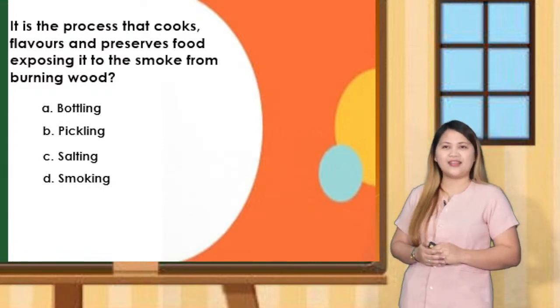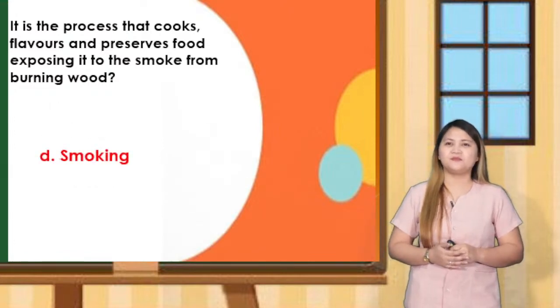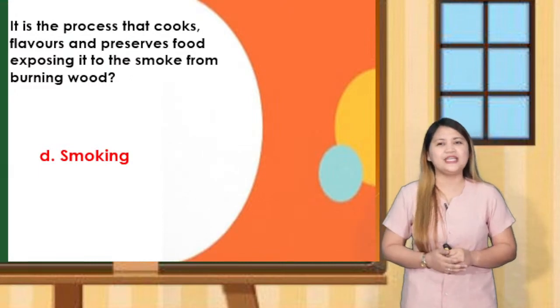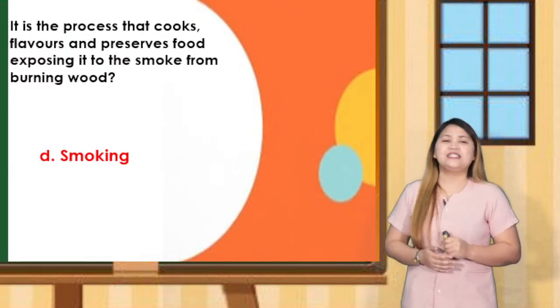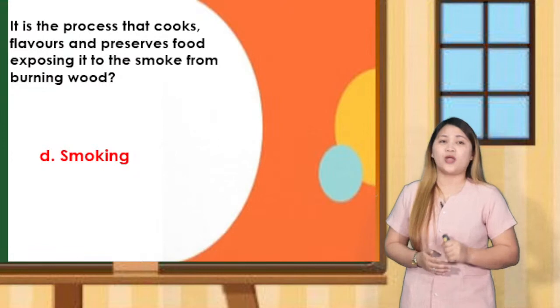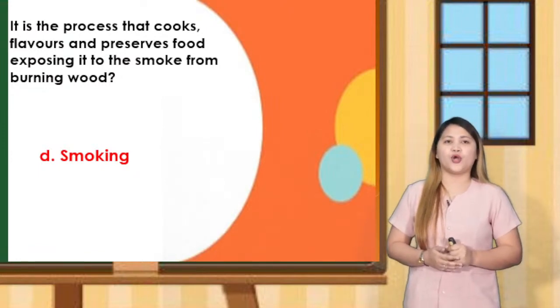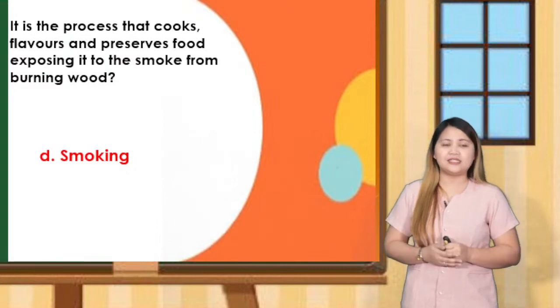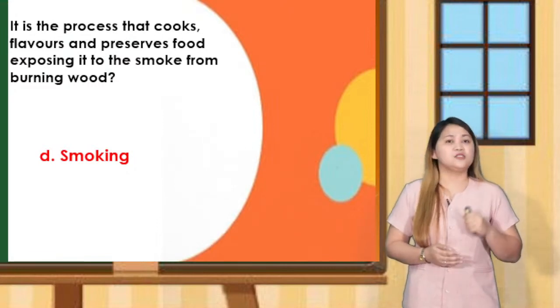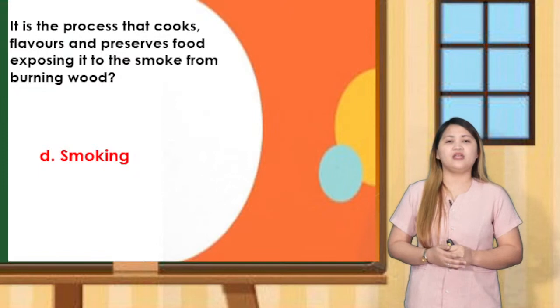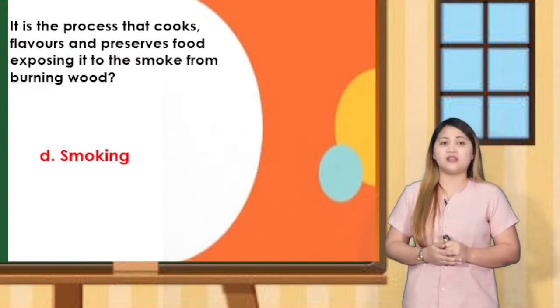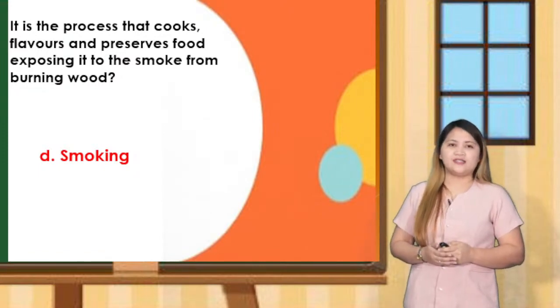The correct answer is letter D, smoking. Smoking is also a method of drying that imparts flavor to the food, usually meat items. And smoke helps keep bacteria-carrying insects away during the drying process.